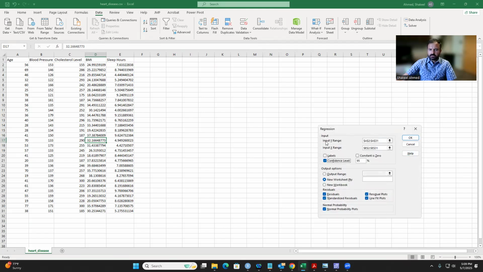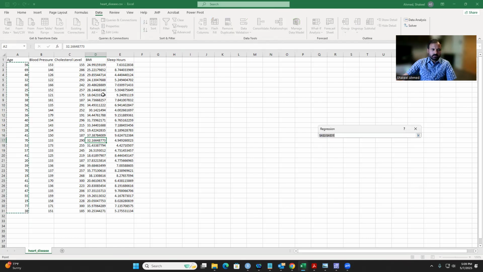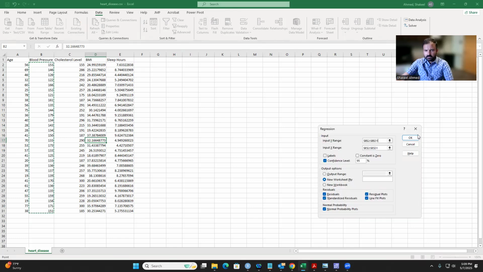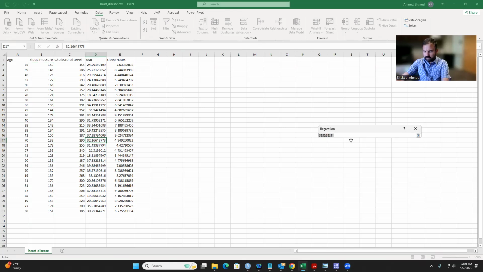And we select the input range, that is a single variable. Select the blood pressure as the dependent variable, and the independent variable is the body mass index.